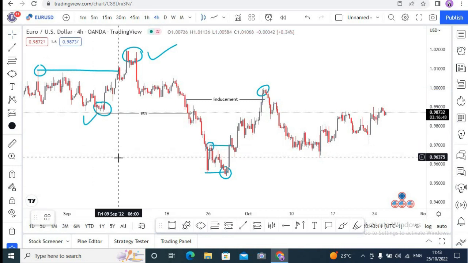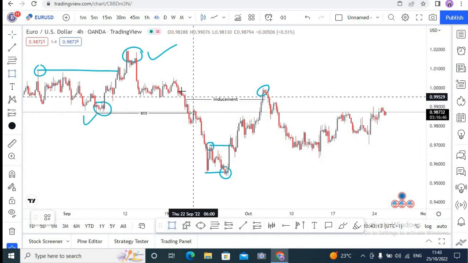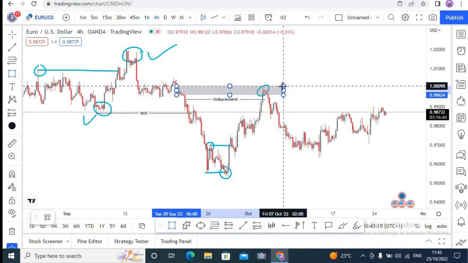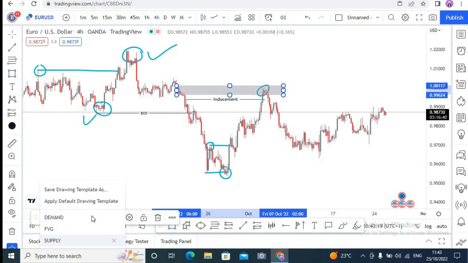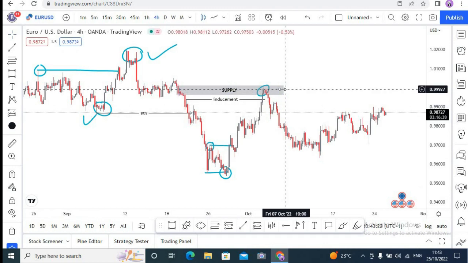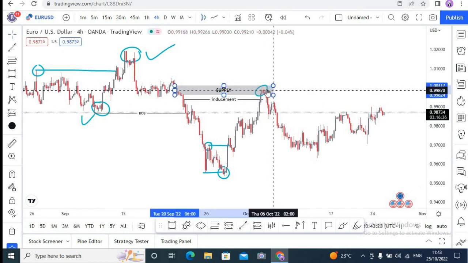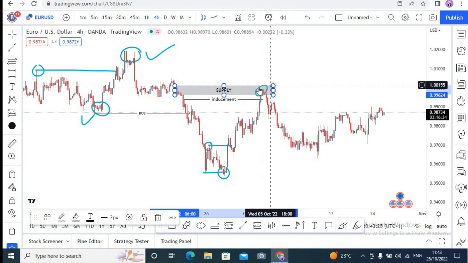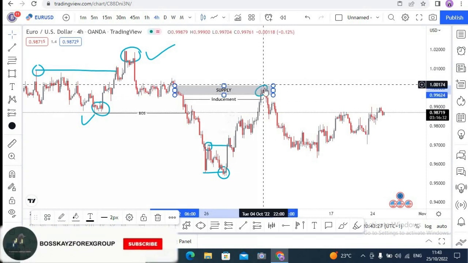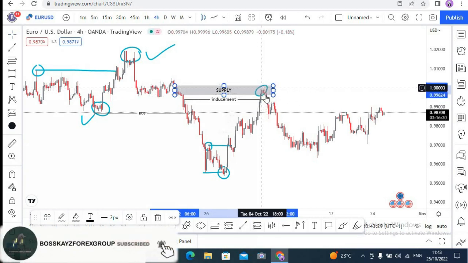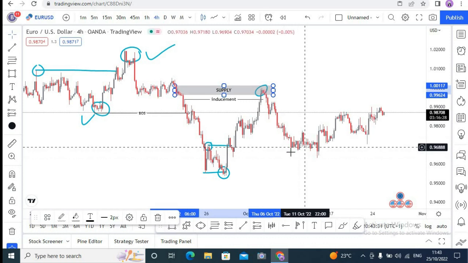Something like this. And then we'll have to look for another point of interest, which will now give us a supply zone area. So this zone will now become our supply zone area, and this zone will now become our new swing high, because you can see that it managed to push the market to go to the downside.